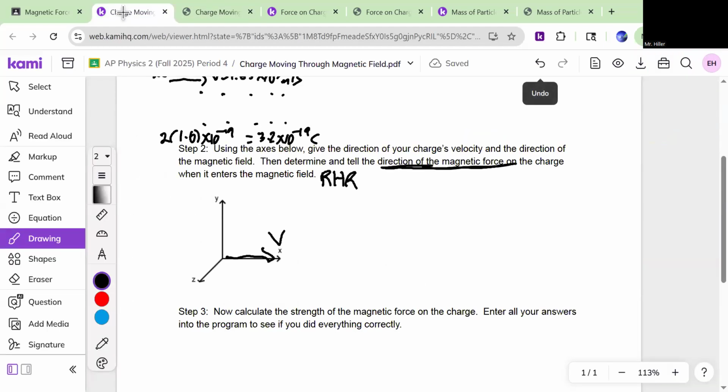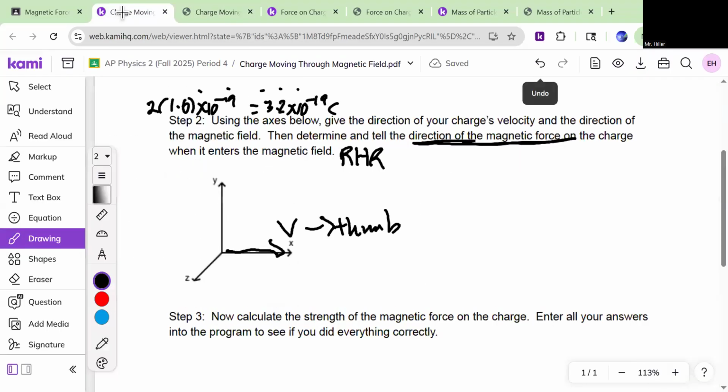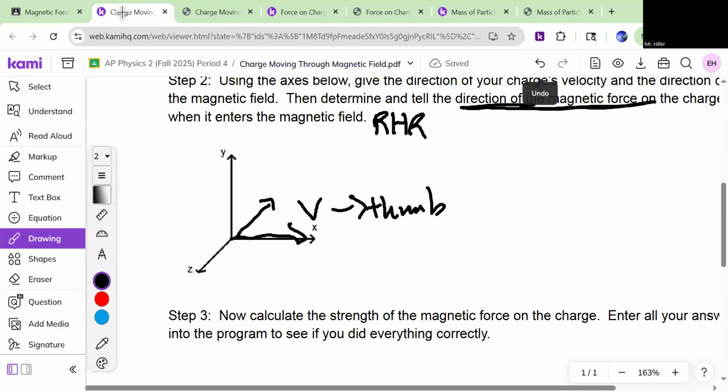So there, your thumb goes to the right. Put the pencil in between your fingers. Your pencil points out the palm of your hand because this is a positive charge. My fingers are going to go into the page. So my field is going to be in the negative z direction. That's into the page.